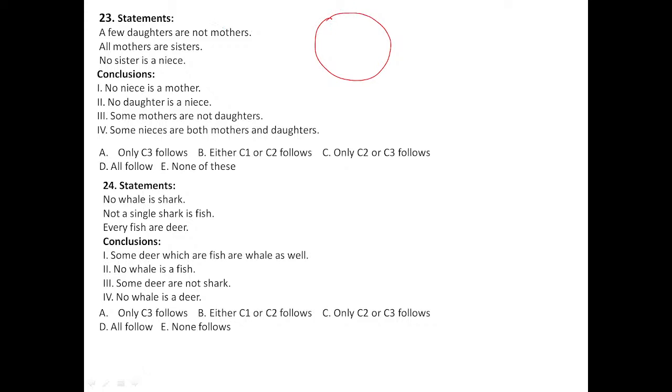This is very similar to saying that some daughters are not mothers, right? So this is the daughter section, and some daughters, supposedly this is the very small part for daughters, which are not mothers, right?